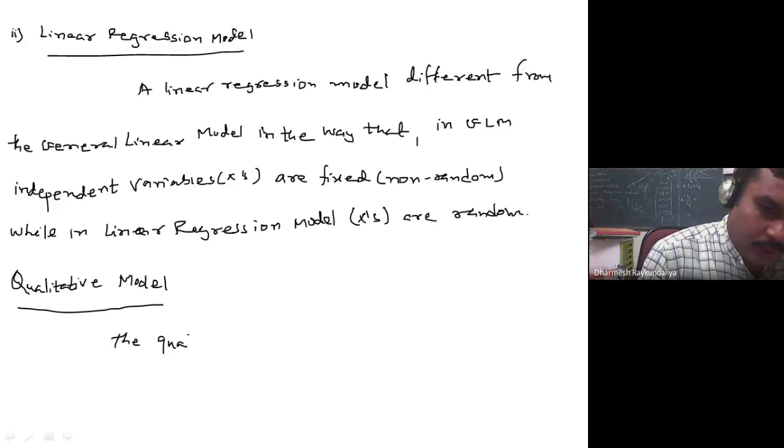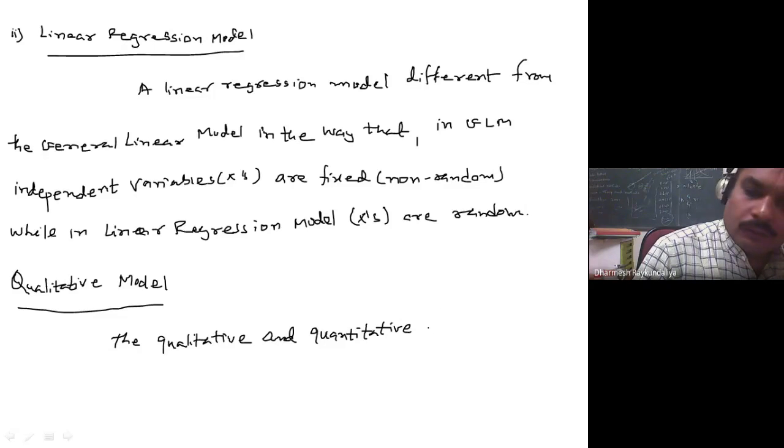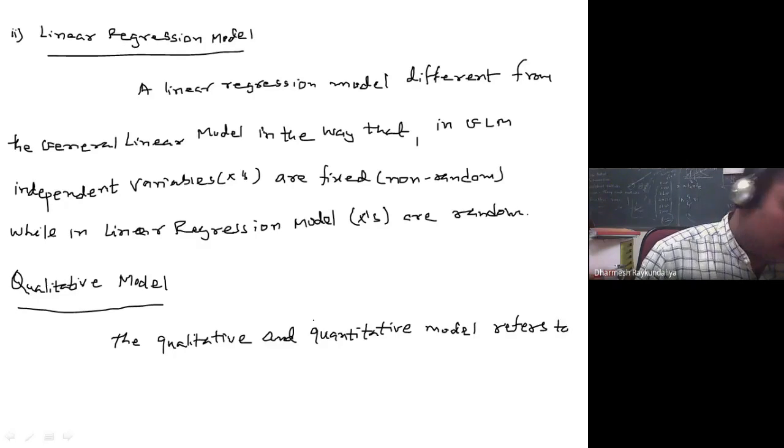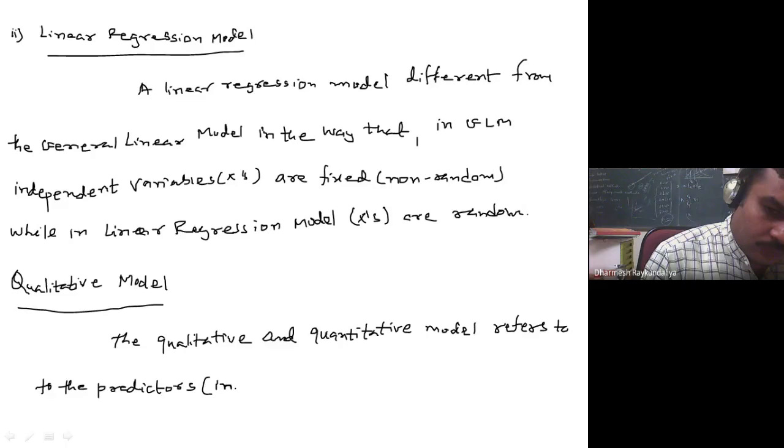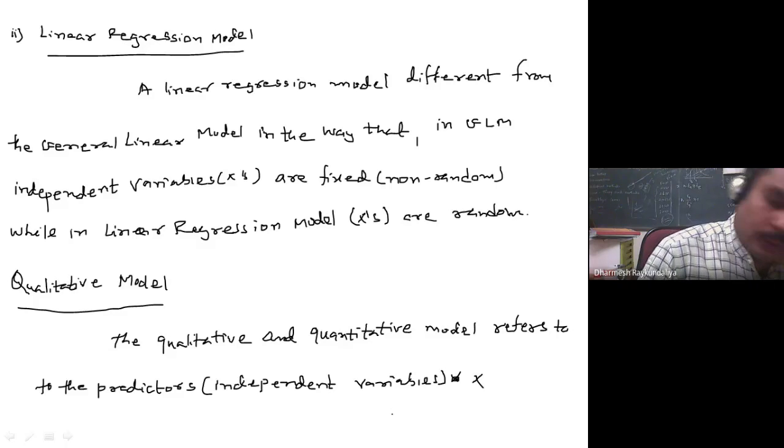The qualitative and quantitative model refers to the predictor or independent variable x used in the model.